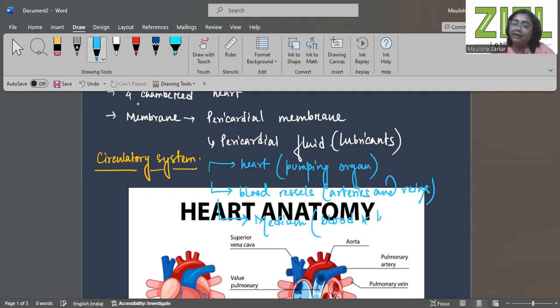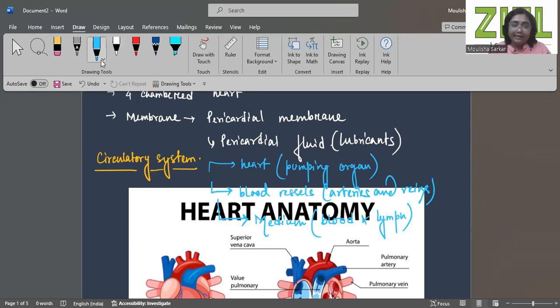Along with that, lymph is also working as a transport medium to transport oxygen, nutrient molecules, water, everything. So, three constituents of the human circulatory system: first of all, the heart, which is the pumping organ, then the blood vessels, arteries and veins, and then the medium of transport, blood and lymph.